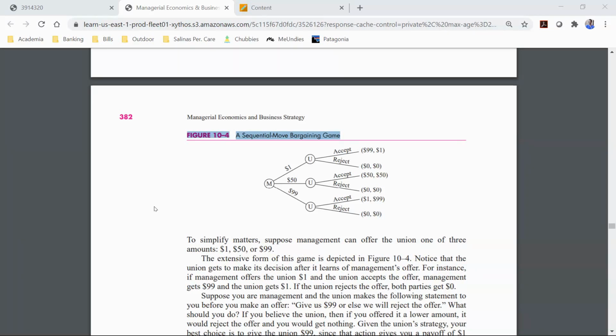In the first example, the management goes first, and we simplified to saying they offered $1, or they offered 50, or they offered 99, and then the union gets to respond, either accept or reject it. Now, the example we're looking at is the same, except the union goes first and management goes second.